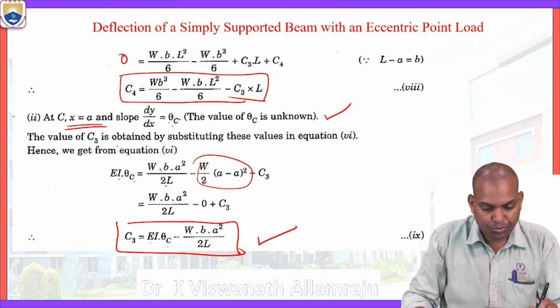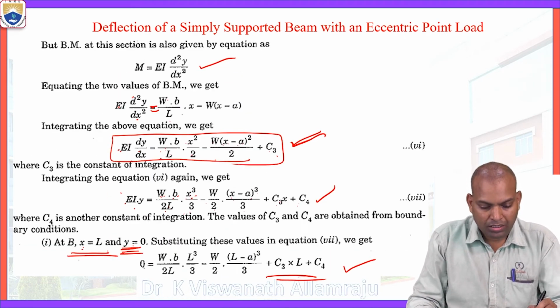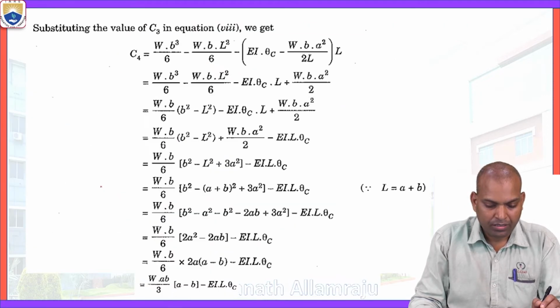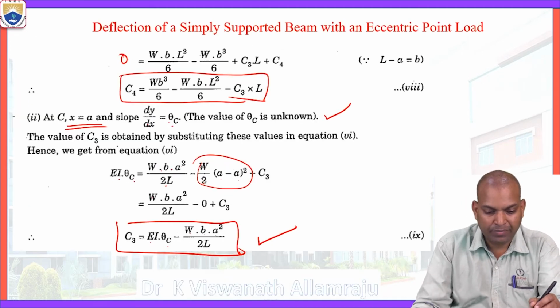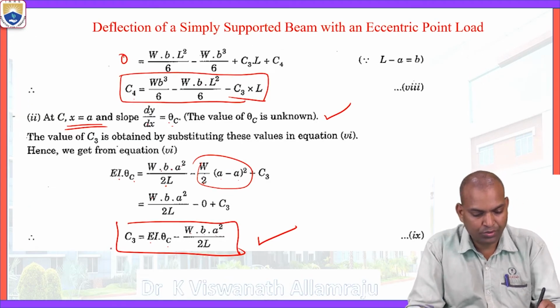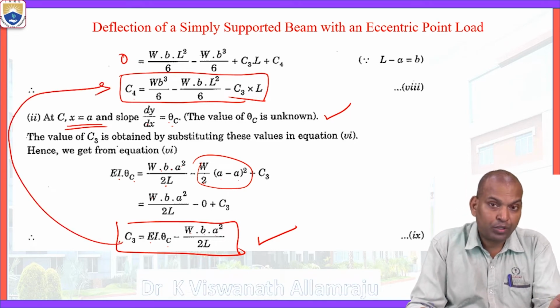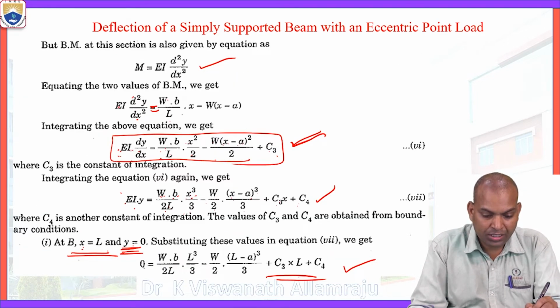So c3 is substituted back again in the deflection equation and the slope equation, with c3 and c4. After simplifying, c4 will be obtained if you substitute this value of c3. After knowing c3 and c4, substitute them in the deflection equation and the slope equation.